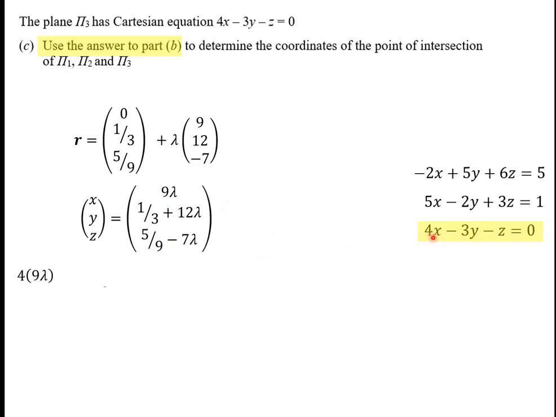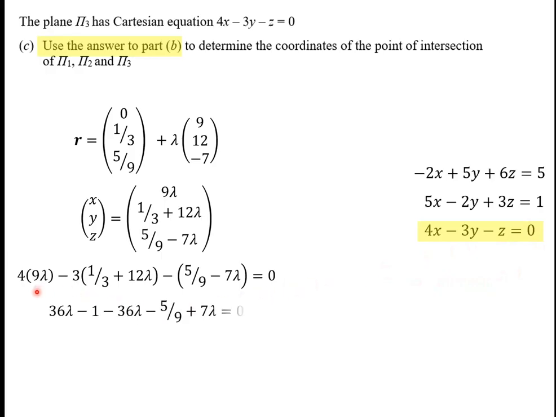So I've got 4 lots of 9 lambda minus 3y, which is a third plus 12 lambda, and then minus the z. That's going to be equal to 0 because that's what it says. If I multiply it all out and solve it, these 36 lambdas go. I'll have 7 lambda is 1 plus 5 over 9, 14 over 9. So the lambda is 2/9.